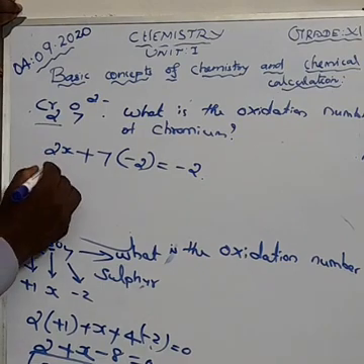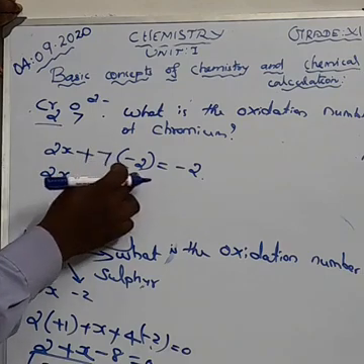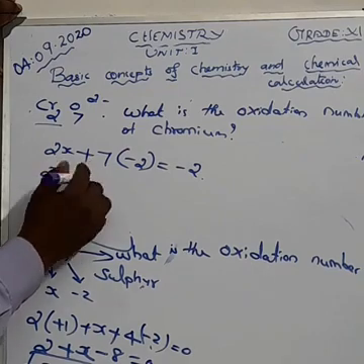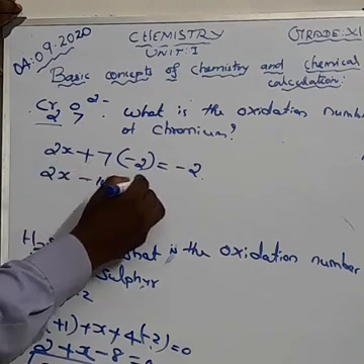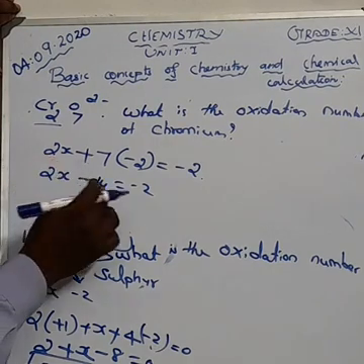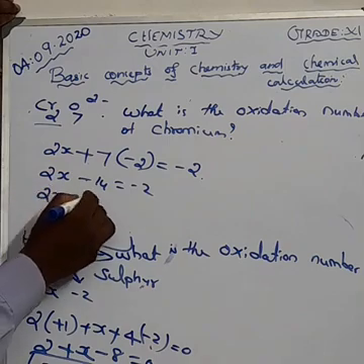So how do you write? 2x plus 7 into 2 is 14. So 2x minus 14 equals -2. So x is equal to what? 2x equals 12.